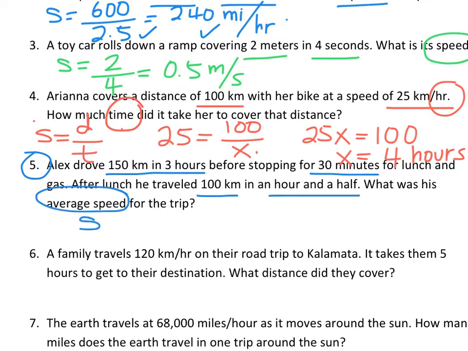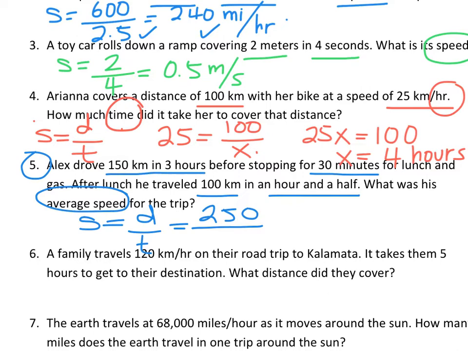So again, average speed is total distance divided by the total amount of time. And so what we'd have to do here is add the distance he traveled, the total amount, so that's 250, and divide by the total amount of time it took him to cover those 250 kilometers. Now, in this question, it's kind of my fault because I didn't specify if you would calculate the time that he had rested.